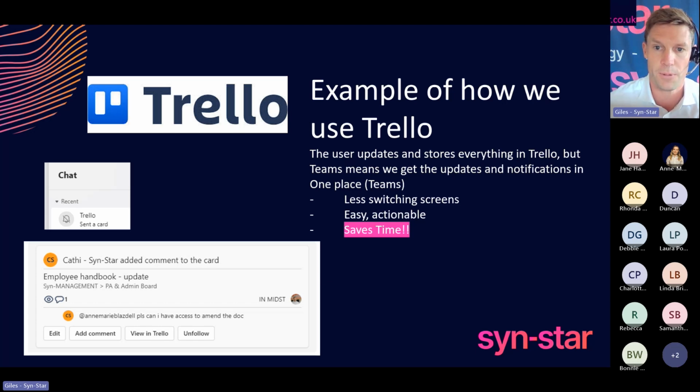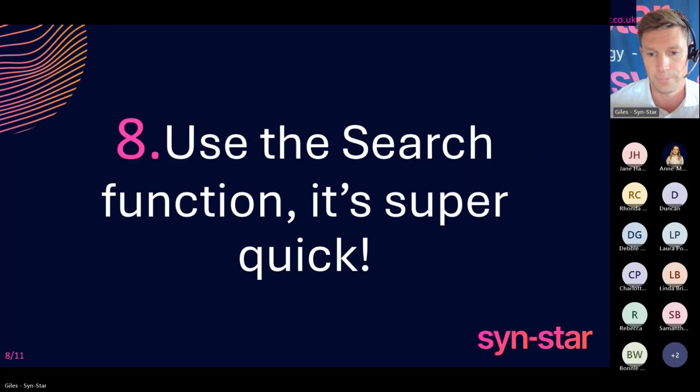Then you just get a pop-up and you can read what someone's done in Trello without having to come out of Teams into Trello to look at what's going on, then back into Teams. So it just makes it super slick. It's all about making it really, really easy and not having to constantly keep coming in and out of programs and jumping around.